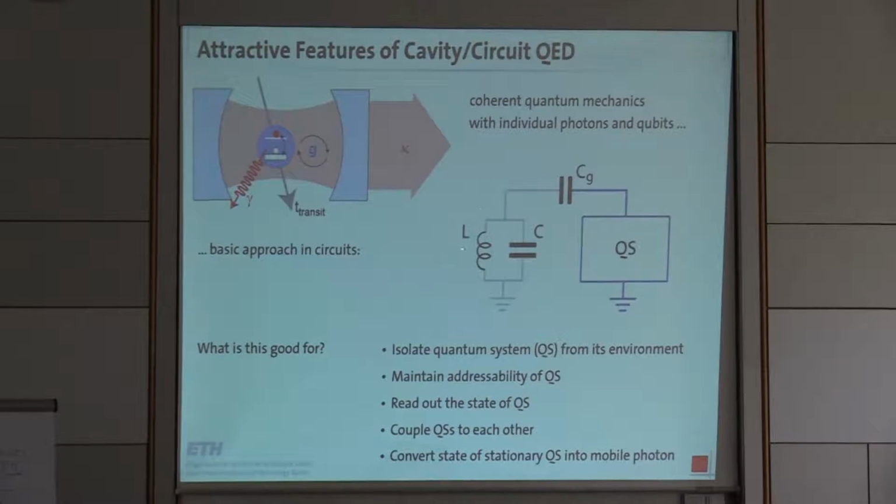And when you realize these cavity QED systems with superconducting circuits, this also gets technically relatively straightforward. Yeah?